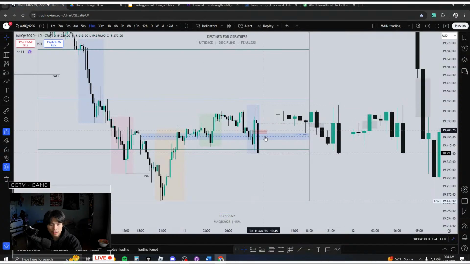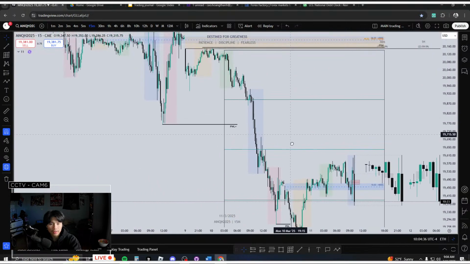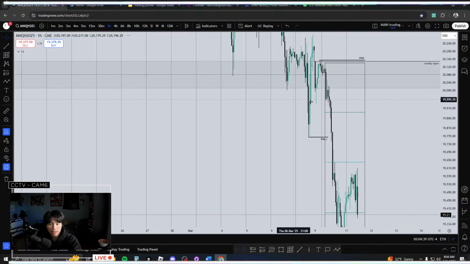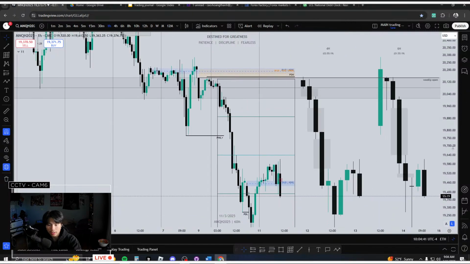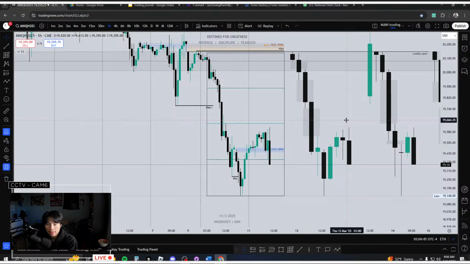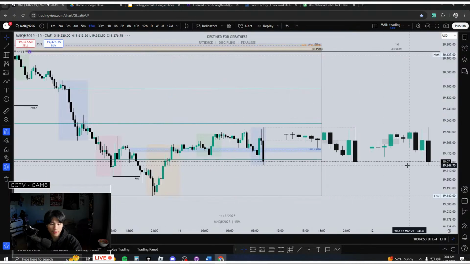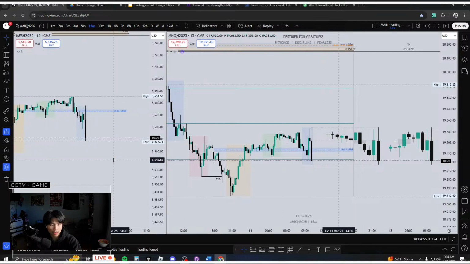And SMT is essentially just some sort of indicator almost, right? It is a price action indicator that will help us see where there has been manipulation in between the markets.